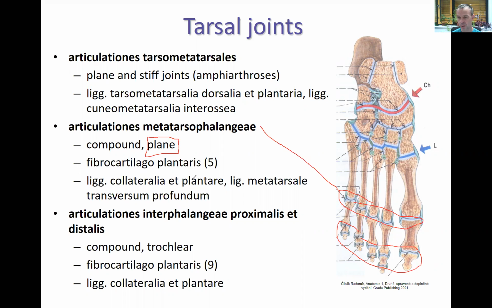They do not allow such movements as in the hand. They are just plane. But they contain fiber cartilages and they have collateral and plantar ligaments. And the heads of metatarsal bones here are interconnected by one ligament, which is called the deep transverse metatarsal ligament. It's similar to the deep transverse metacarpal ligament.